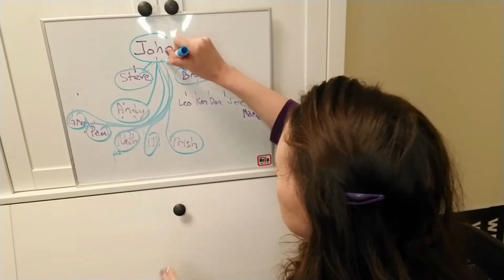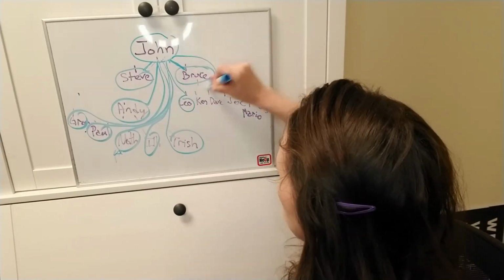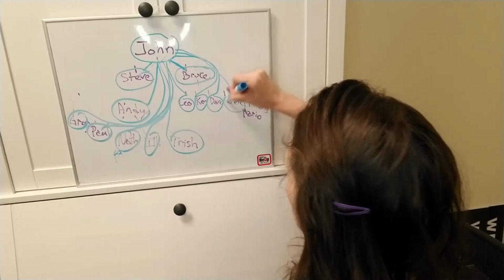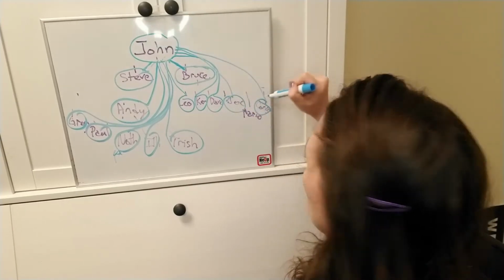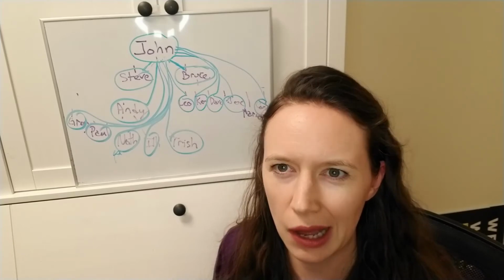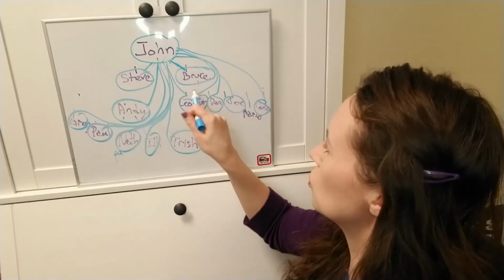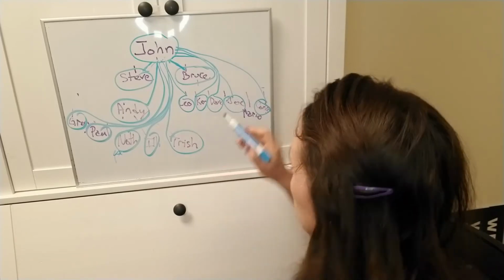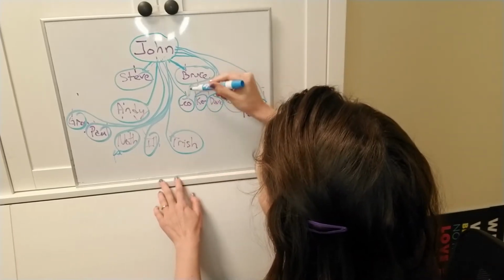John did, in fact, hire all of these people, so he's got links to all of them as well. But Bruce was the one who had the most relationship with these people, so we have thicker lines here.